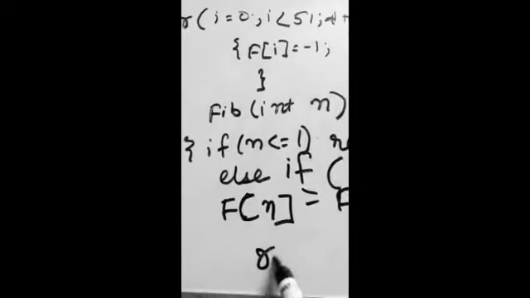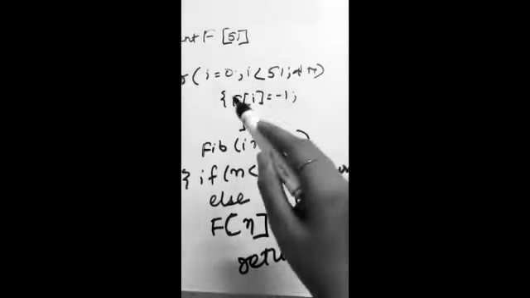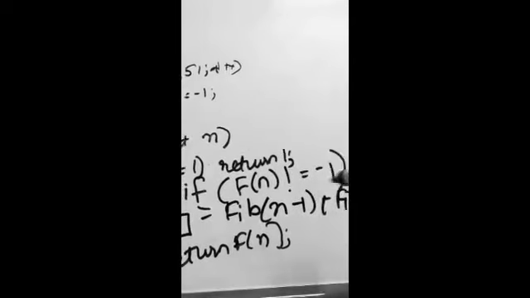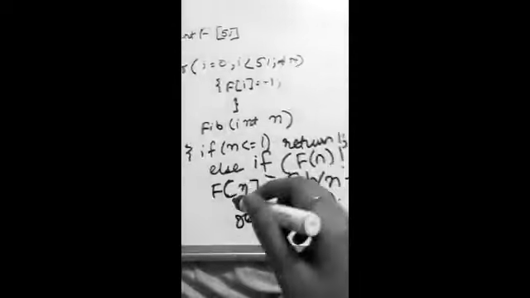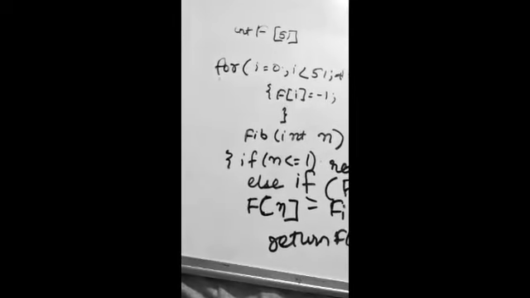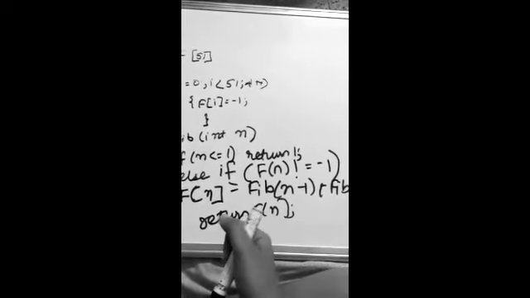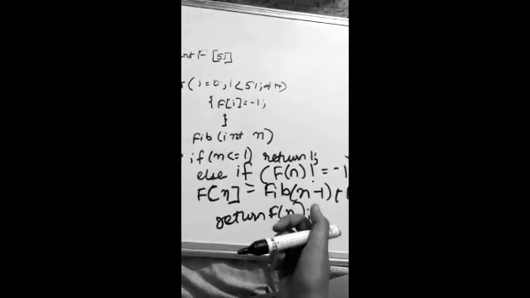And then we are going to return f[n]. So what did we do? First of all we set the memory, and we set f[i] equal to -1, which means it is not yet in the memory, and whenever we find that it is not in the memory, only then are we going to compute it. Unnecessarily every time we are not going to compute it. So this is our simplest and the fastest way to actually find the Fibonacci series.